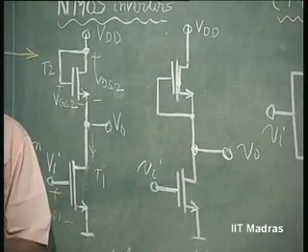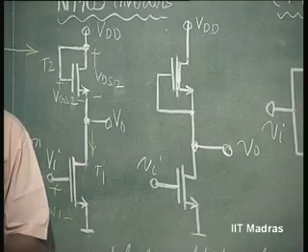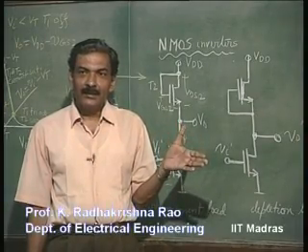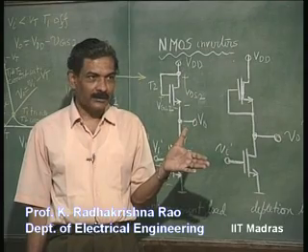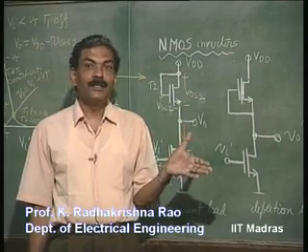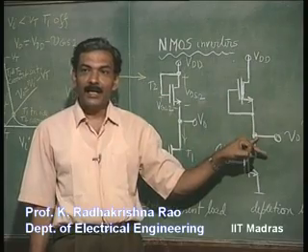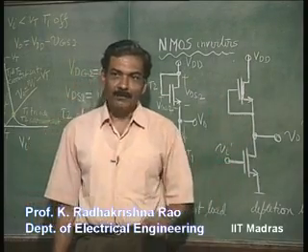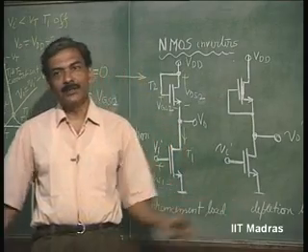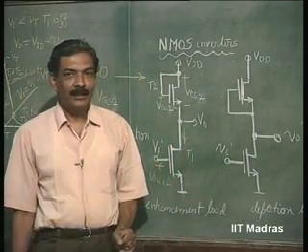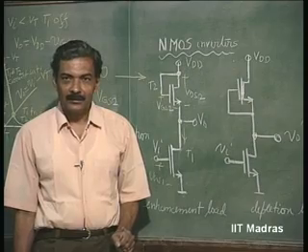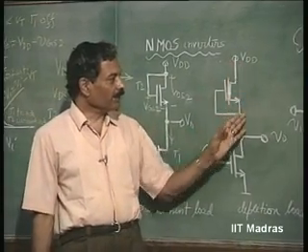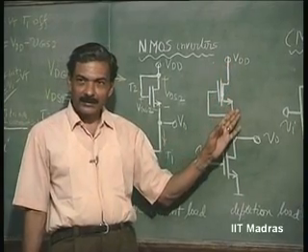If VGS is 0, okay, it will have a current of IDSS through it. If the voltage across this exceeds the pinch off, but below pinch off, okay, it is going to act almost like a resistor, right. So, this is the advantage, and therefore, the voltage drop when it is 0, that current is 0.